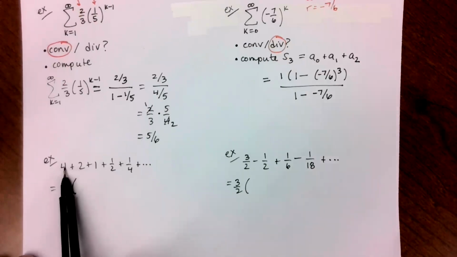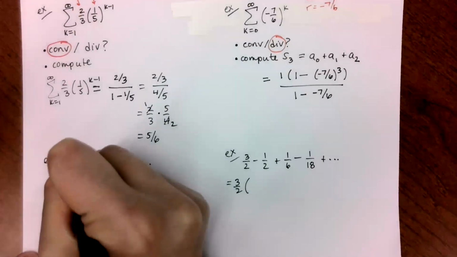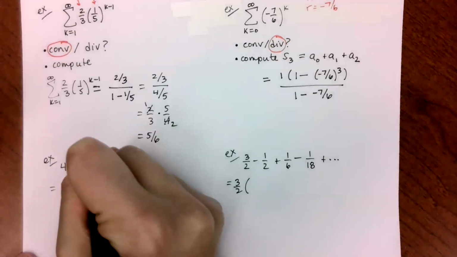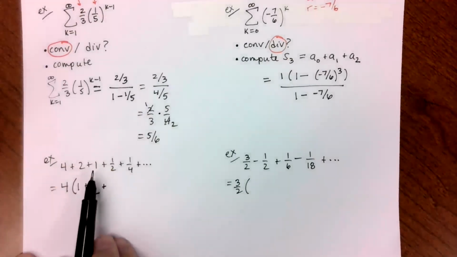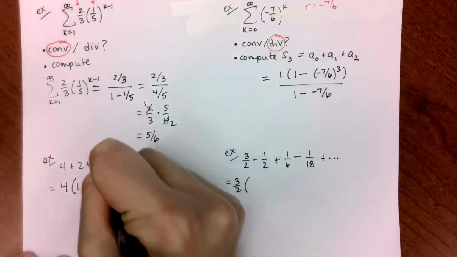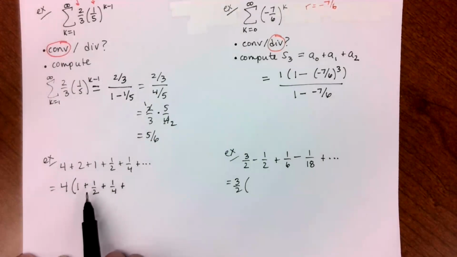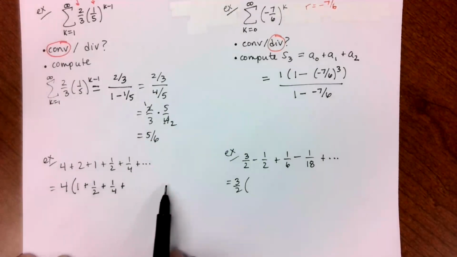So here, 4 divided by 4 is 1. 2 divided by 4 is 1/2. 1 divided by 4 is 1/4. And I might go one more just to double check. I can tell that the R value is 1/2, but feasibly this question could have started with, is this a geometric series at all? In which case I really want to be sure these are all powers of 1/2.